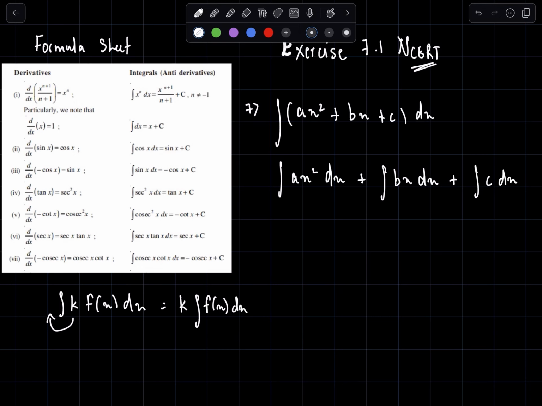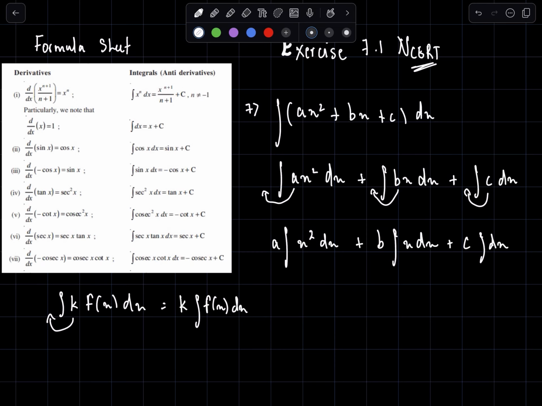So beforehand, tell me what comes out in all of the elements before the integral. If you said a, b, and c, you're absolutely right. So a should come out, b should come out, and c should come out. Very good. So a integral of x squared dx plus b integral x dx plus c integral of dx.